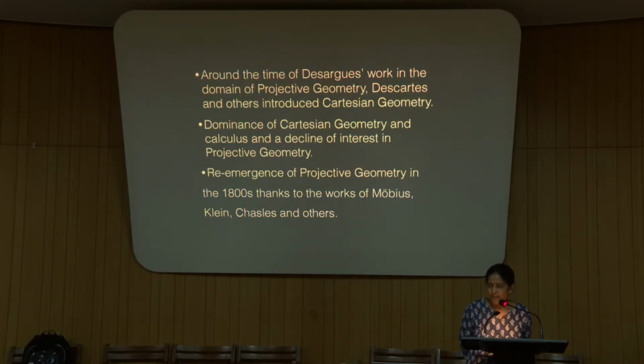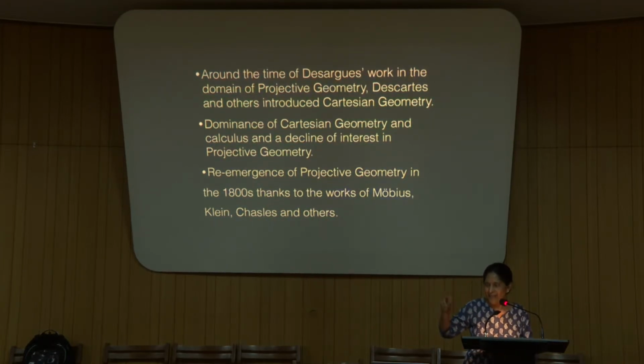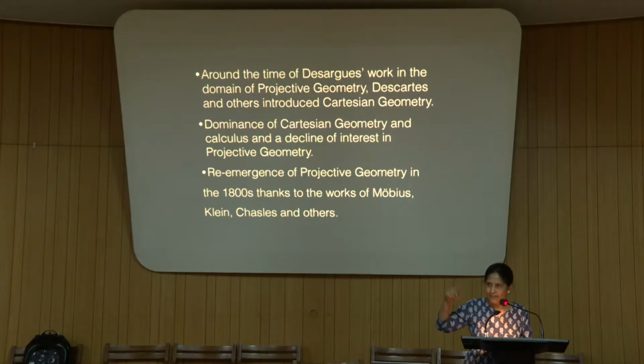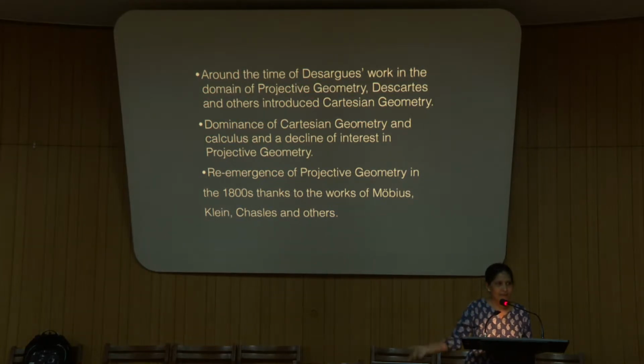Around the time of this work in projective geometry, Descartes and others introduced Cartesian geometry. I'm sure all of you have come across Cartesian geometry, coordinate geometry. You have x and y coordinate axes, and then you can draw various curves.